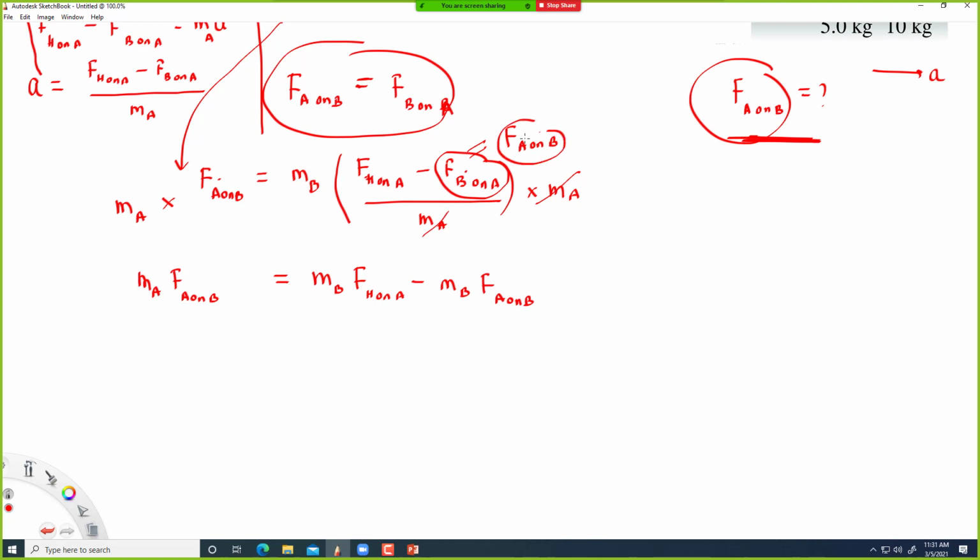Okay, I'm replacing this by that. The reason I'm doing this is to get F A on B. I want to get this one. Okay, so M B F A on B, take this one to the left. In other words, you can also say that you're adding M B F A on B on the left and the right, so you can cancel that and that.